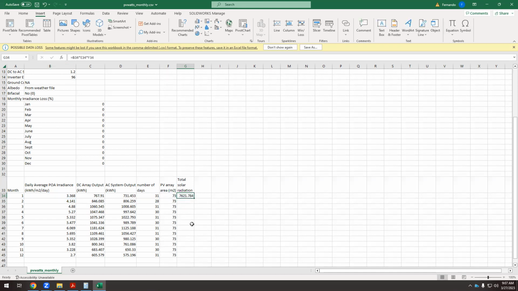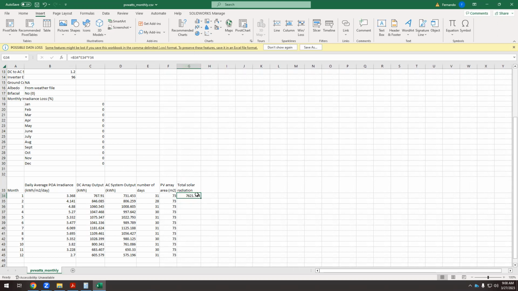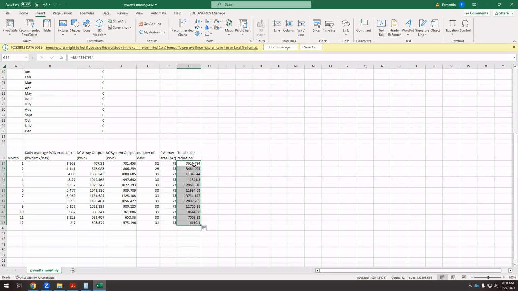Okay, so that's the number that we had there, 7,626. Well, here is 21, but it doesn't matter. So that's the total solar radiation. And if we drag this down, here we have the total solar radiation every single month.